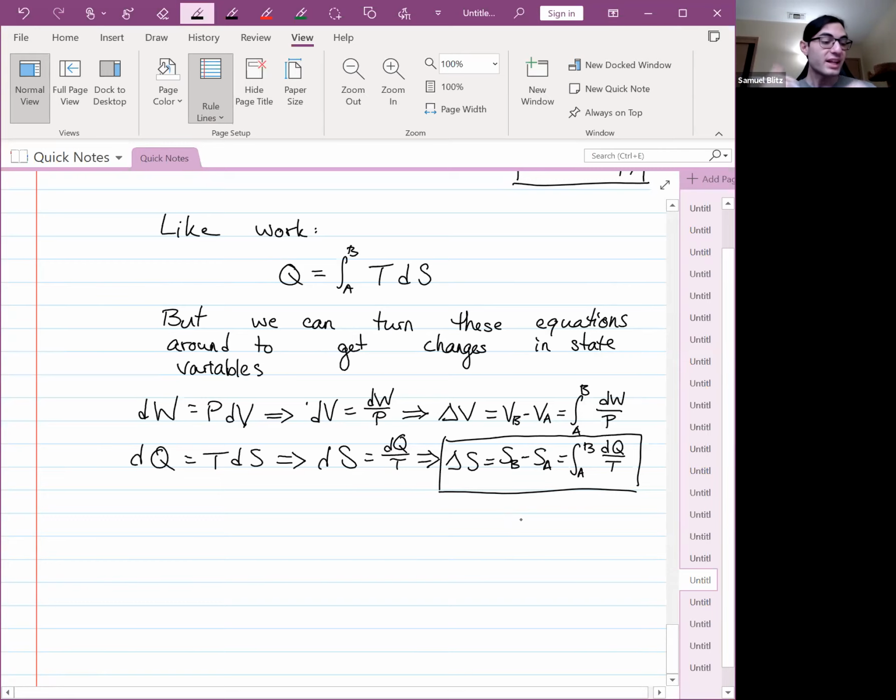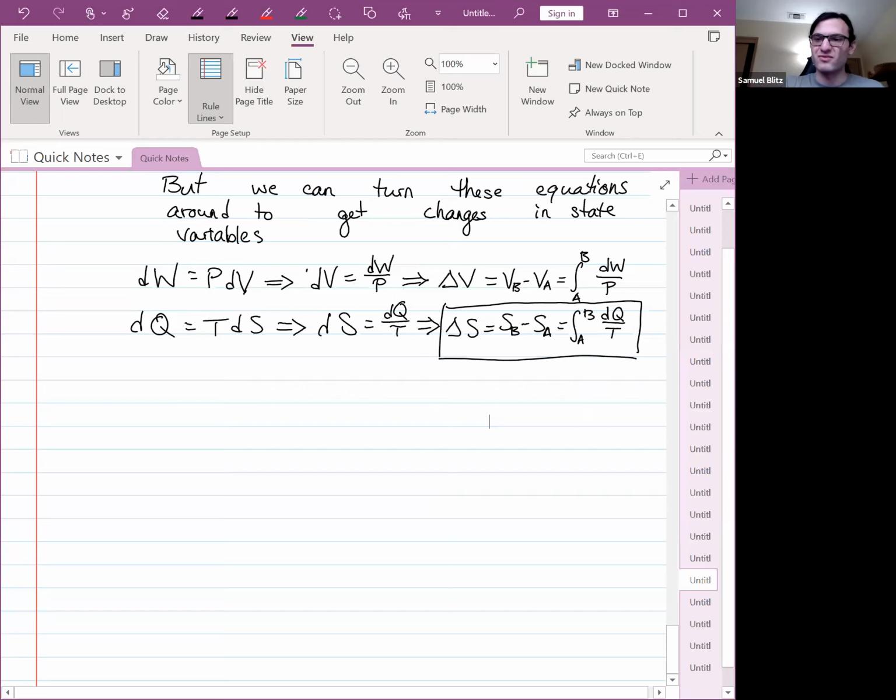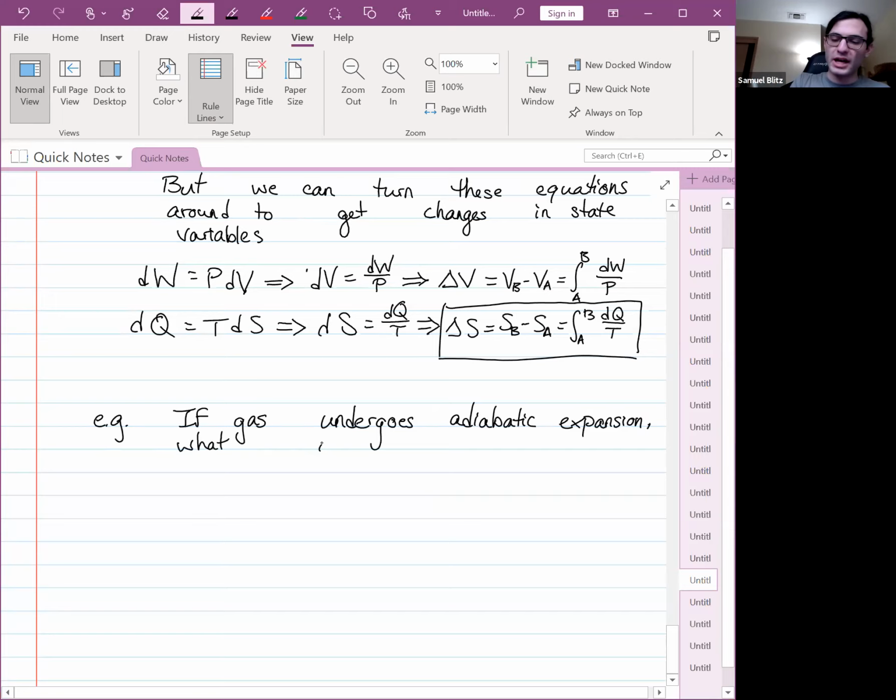So let's ask the question then. Let's just get our feet a little bit wet and work a quick example. If a gas undergoes adiabatic expansion, what is the change in entropy for that process? What is delta S?